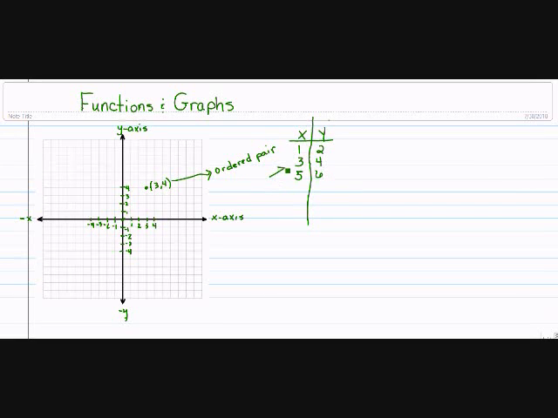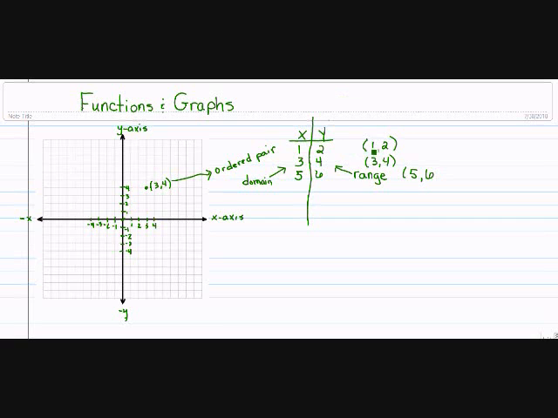All your x coordinates are called your domain, and all your y coordinates are called your range. So I can also write them as 1, 2 as an ordered pair, 3, 4, and 5, 6. And that tells you where to find them on your graph.